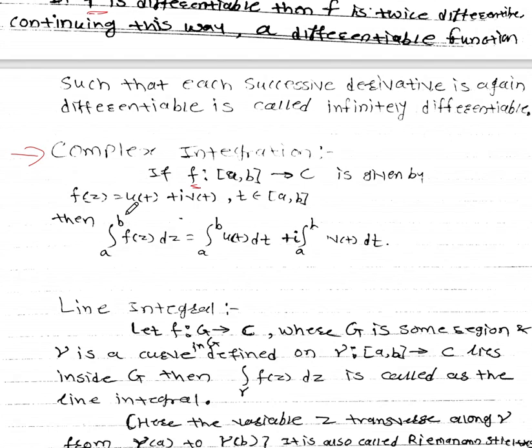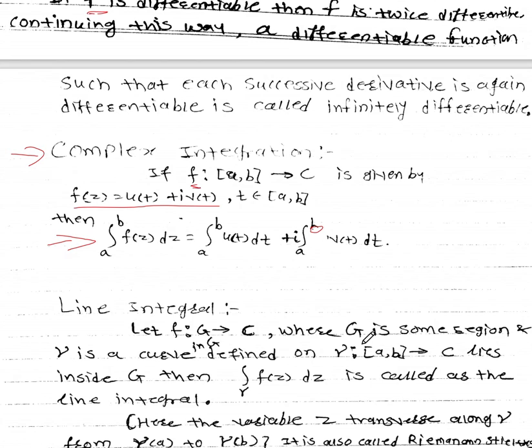So you have to integrate this function from a to b: the integral from a to b of f(z) dz equals the integral from a to b of u(t) dt plus i times the integral from a to b of v(t) dt. So this is the definition of complex integration.